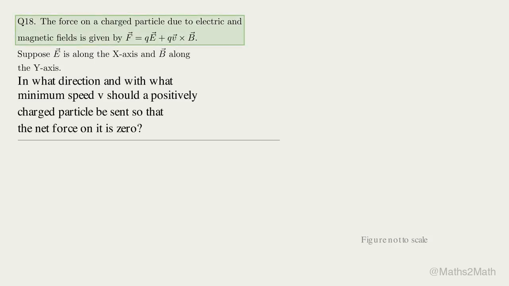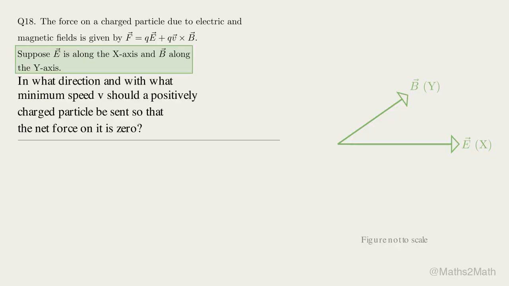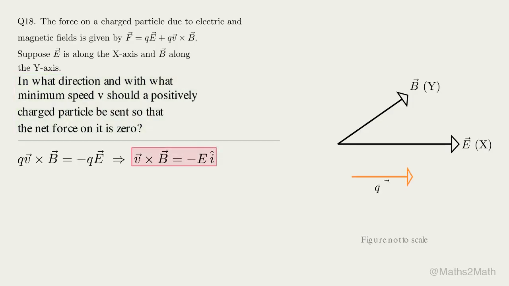Question 18. The force on a charged particle is QE plus QV cross B. E is along the x-axis and B along the y-axis. In what direction, and with what minimum speed, should a positive charge move so the net force is 0? What does this mean? The magnetic force must exactly cancel the electric force. For 0 net force, QV cross B must equal minus QE.